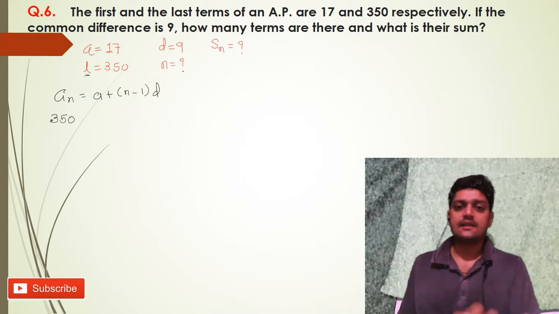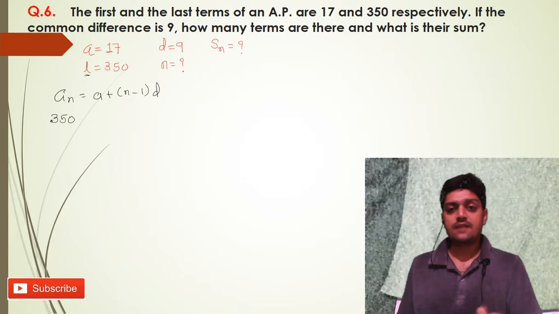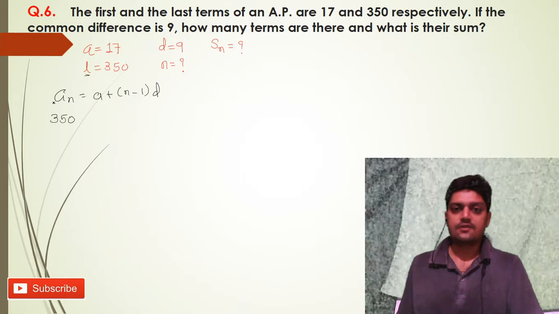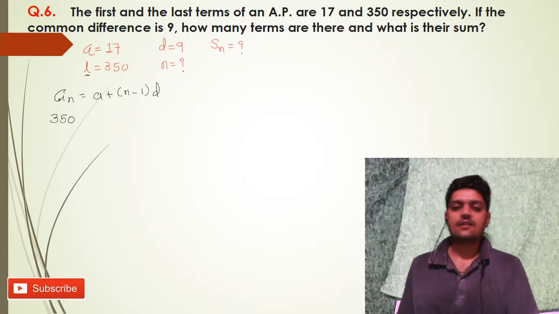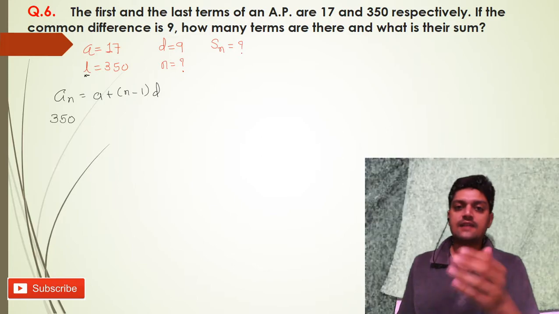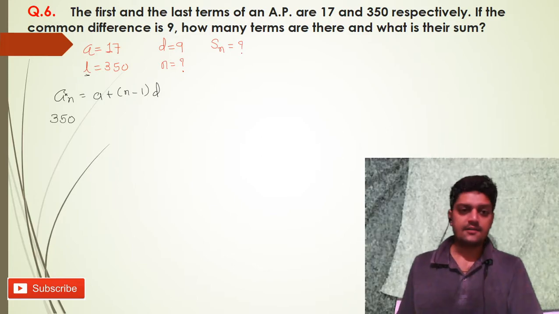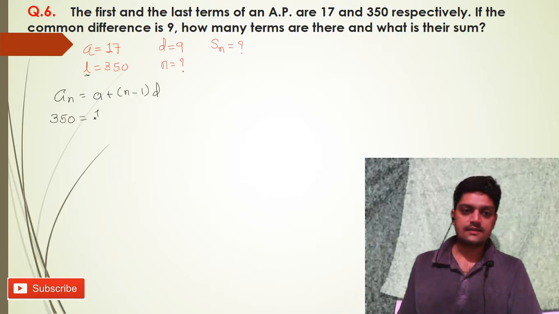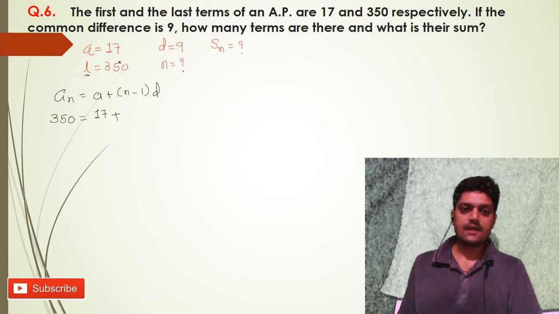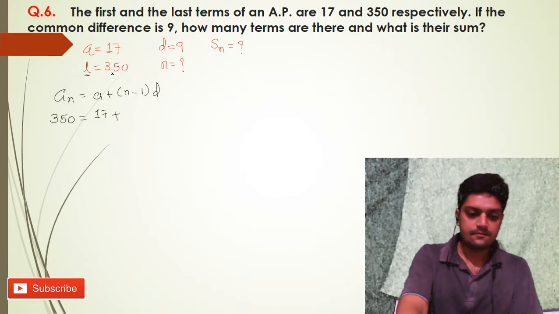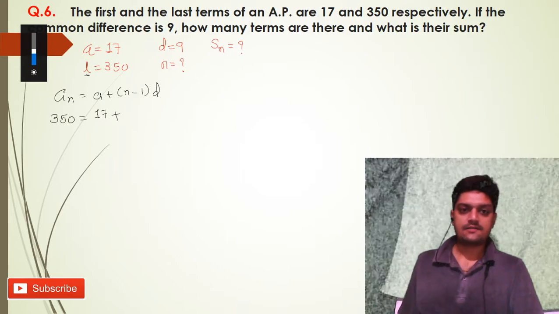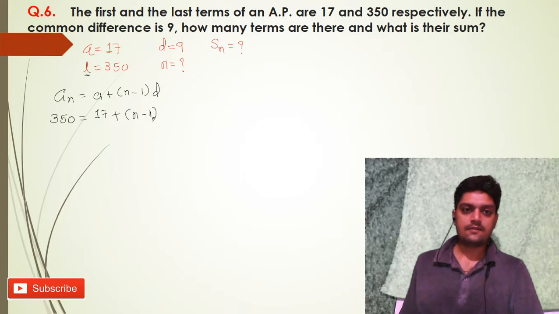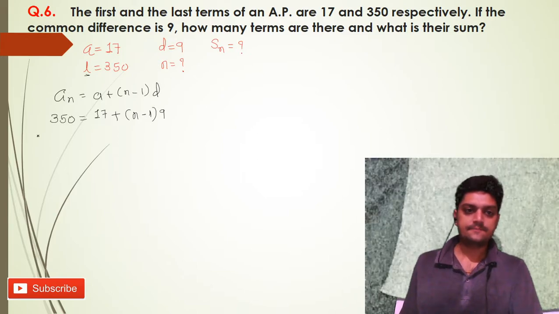See, in this kind of question students become confused that here l is given but what should I put for an? They don't use their common sense that l, the last term, you have to consider as an. Okay, so 350 is equal to a, which is 17, plus (n minus 1), n is what we have to find, into the difference d, which is 9.